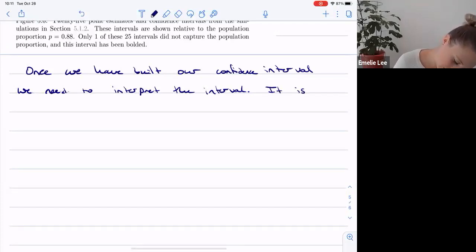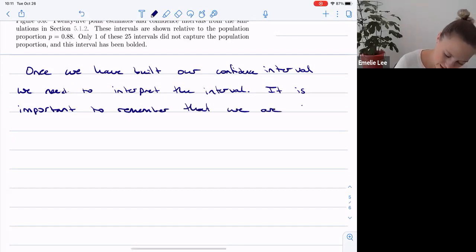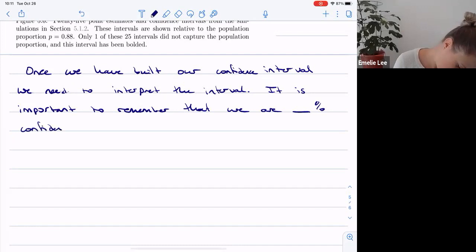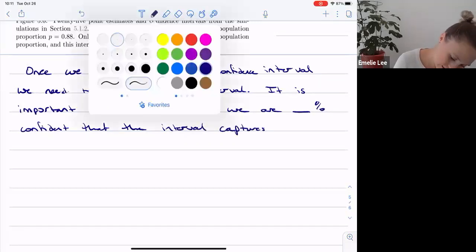It is important to remember that we are, and I'm going to say blank percent, just leaving room for any confidence interval, blank percent confident that the interval captures the parameter.